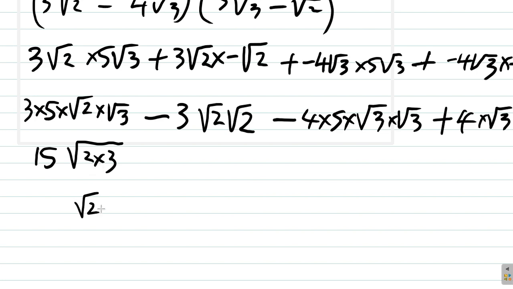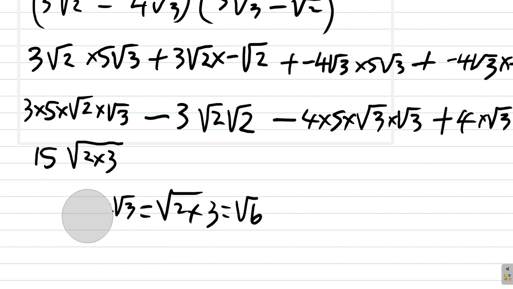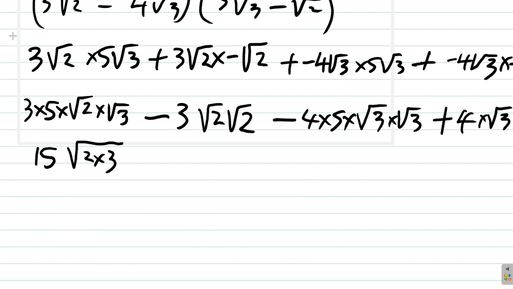Remember, the square root of 2 times square root of 3 can be written as square root of 2 times 3, and that applies to any number, which is also square root of 6. It's going to become square root of 6 later. So you say minus 3 times the square root of, now the square root of 2 by square root of 2 is the same as the square root of 2 times 2.